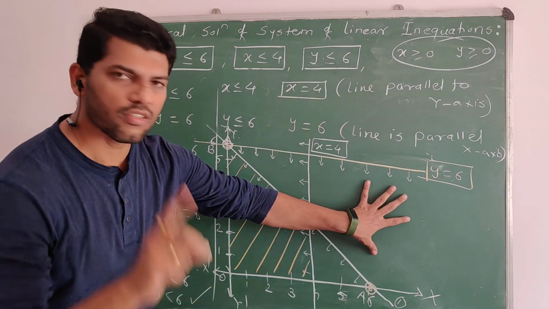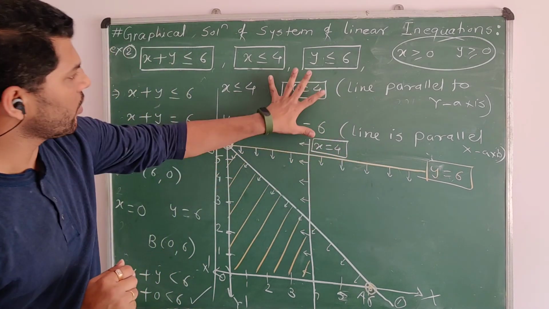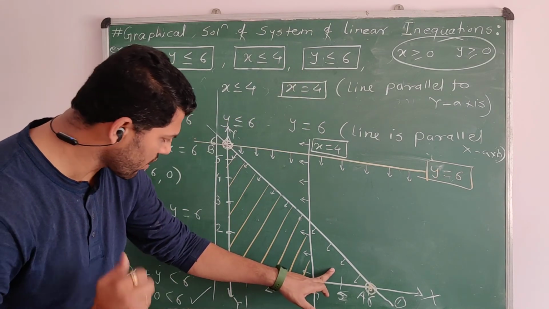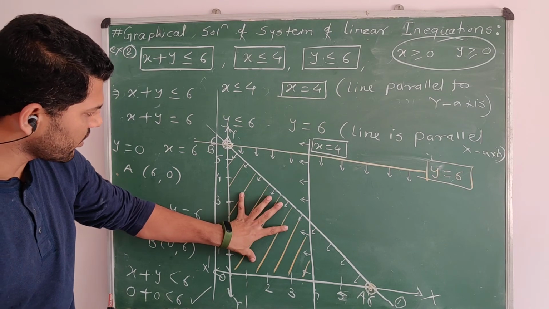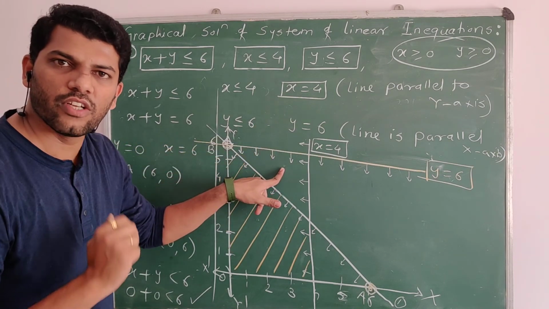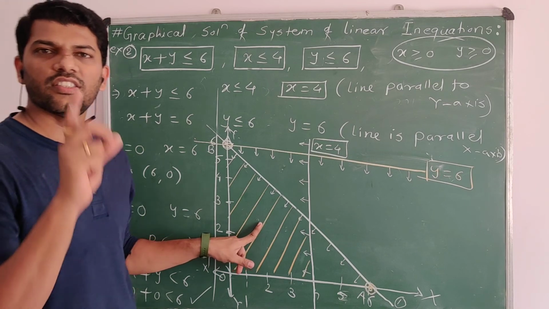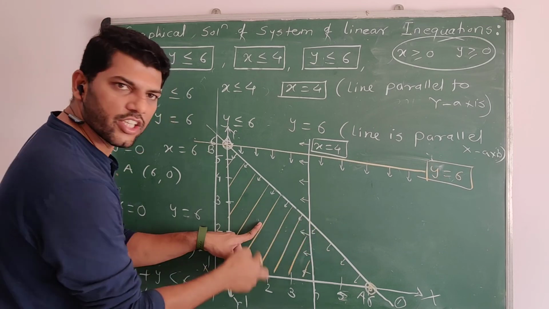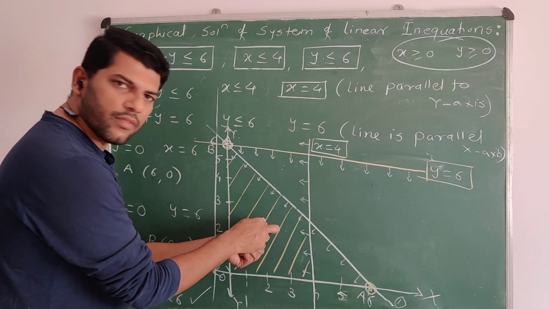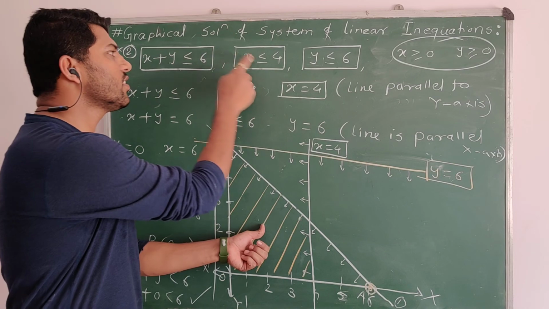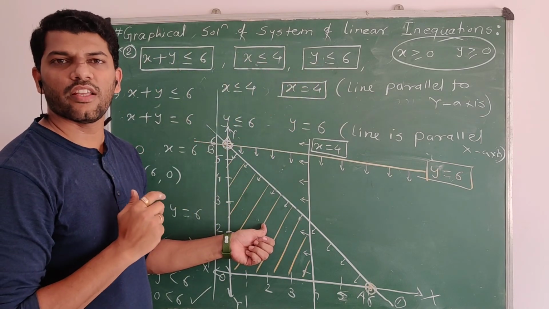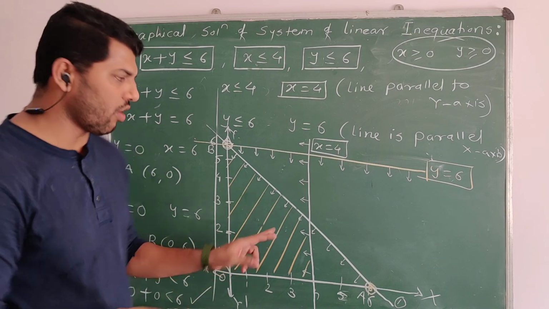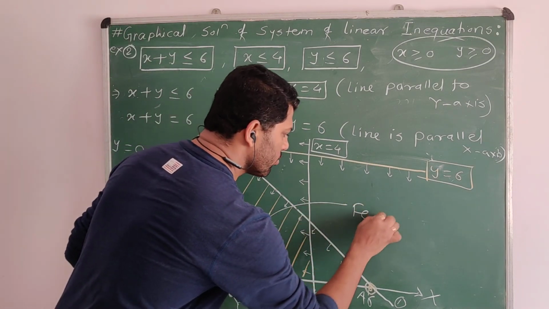What about this region? Only one arrow will cross. What about this region? No arrows will cross each other. What about this? One or two arrows. This is the only region. What about this region? Only two arrows will cross each other. This is the only region where all three arrows will cross each other, which means any point from this shaded area definitely will satisfy all three inequalities. This is the simple meaning of the solution of a system of linear inequalities, or finding the feasible solution for them.